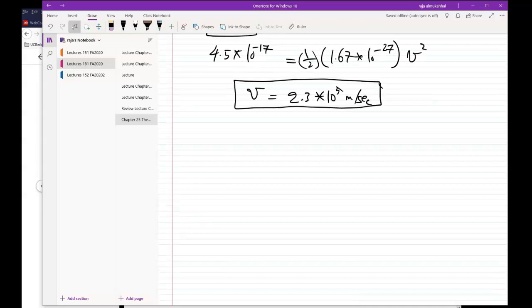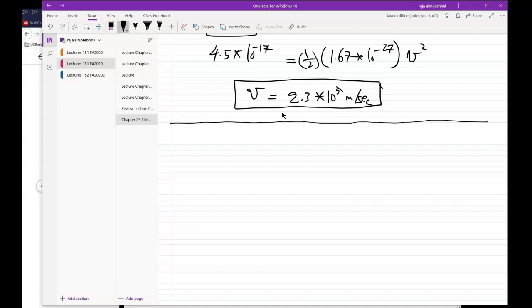So now I hope you have an idea how this chapter is progressing. It's all about conservation of energy. Let me do one more. I have a couple more before I go into the potential difference, which is the second topic in this chapter.